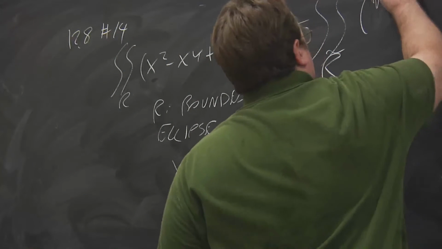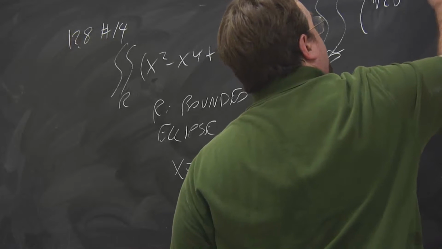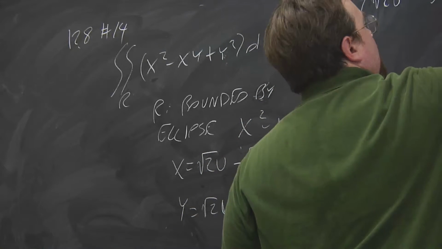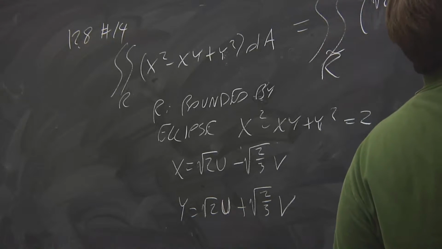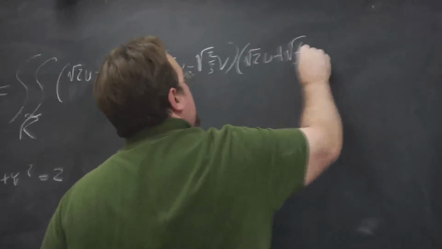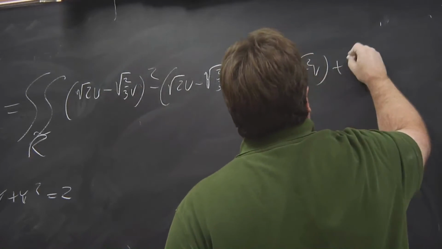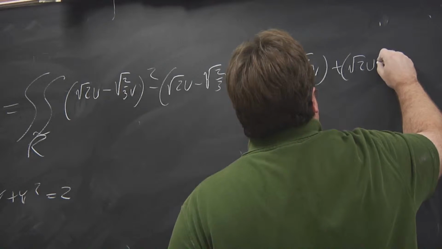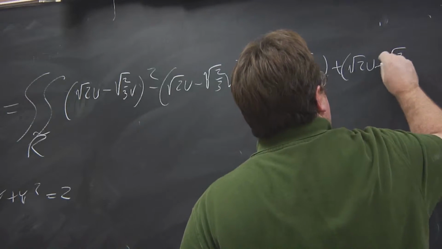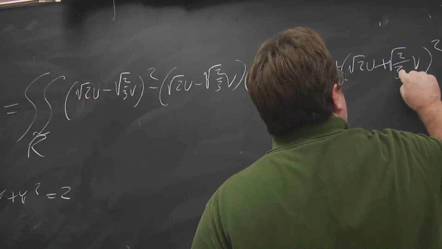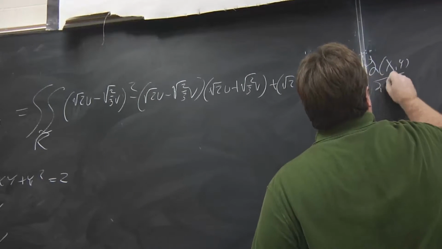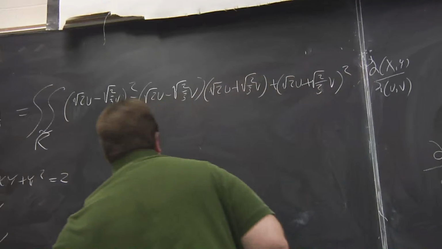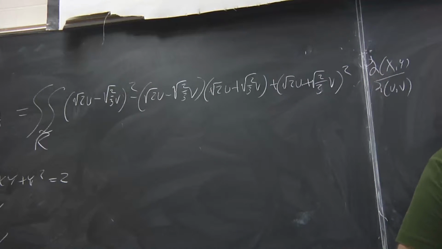So you're going to have square root of 2u minus square root of 2/3 v squared, minus x times y, plus y squared. Okay. And then you have a Jacobian that we need to include, dx dy over du dv, which we're going to figure out in a second, with respect to u and v.